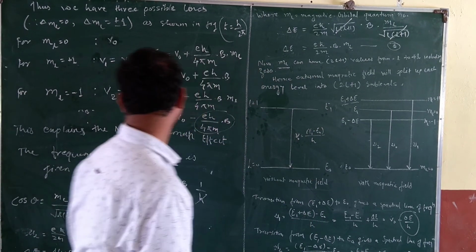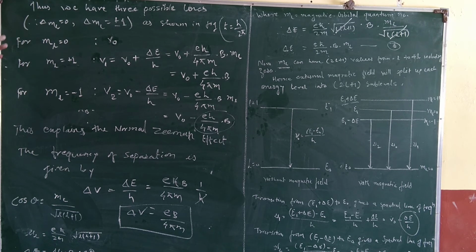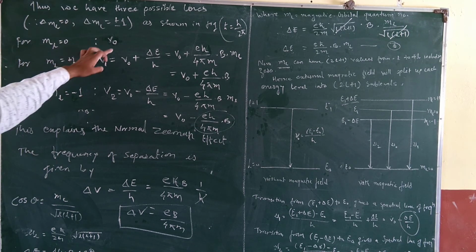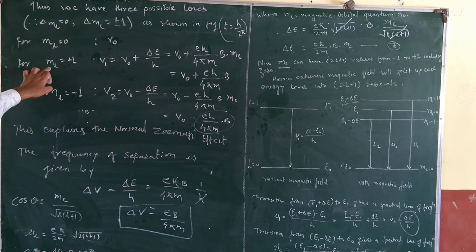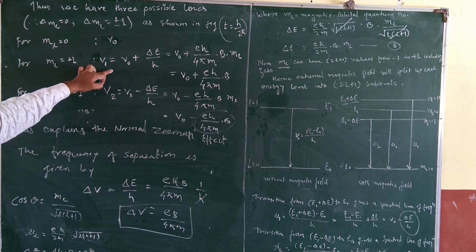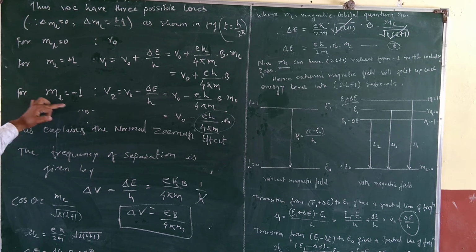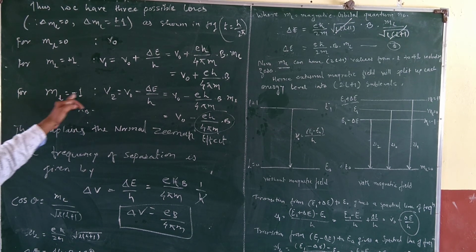So from this we have 3 possible lines. For m l equal to 0, the frequency of the spectral line is nu 0, for m l equal to plus 1 it is nu 1, and the frequency nu 2 is for m l equal to minus 1.